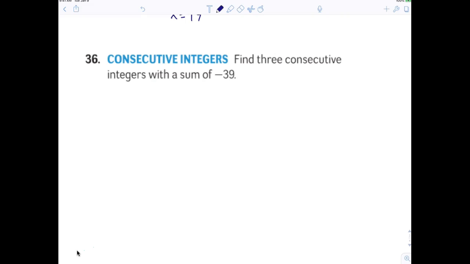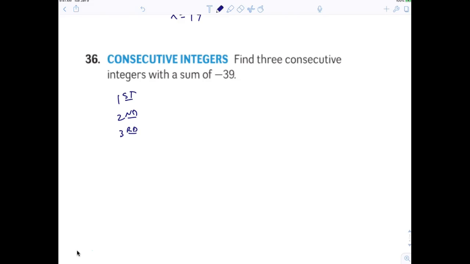So give me an example of 3 consecutive integers. 13 or 11, 13. Yes, that would be consecutive what though? Consecutive positive odds. You just want something like 13, 14, 15.